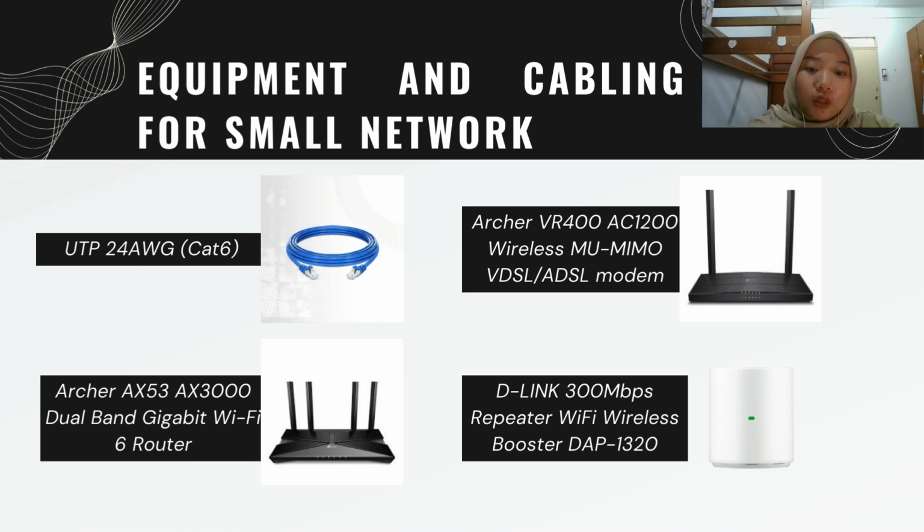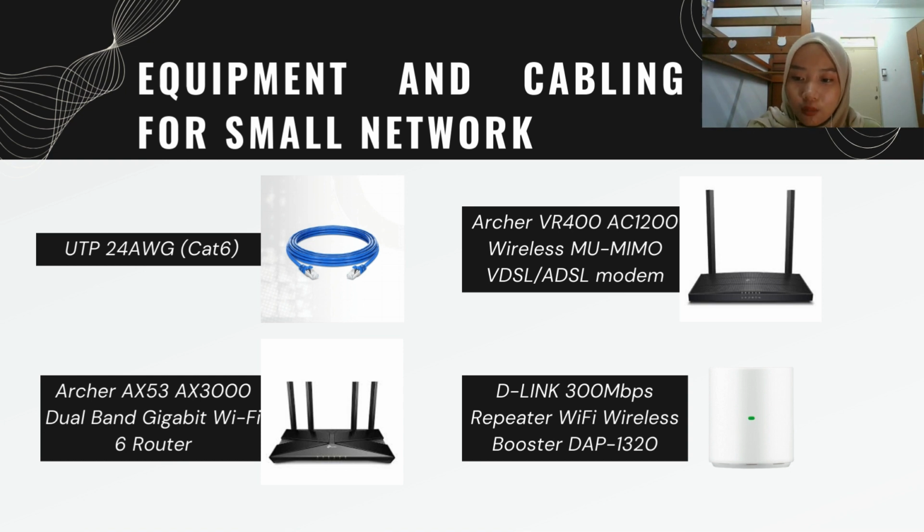Next, for the router, we are using the Archer AX53 AX3000 dual band gigabit Wi-Fi 6 router. Wi-Fi 6 advantages are improved speeds, better performance in congested network traffic, and increased capacity for multiple devices compared to the previous Wi-Fi standards.